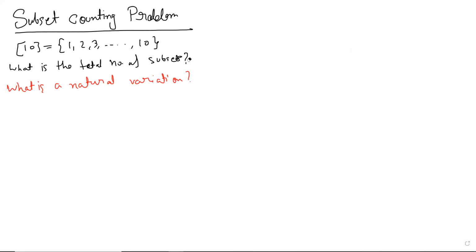Well, a very simple one is the total number of subsets of even size. This is just a natural variation that you can ask yourself. Let's try to answer this.